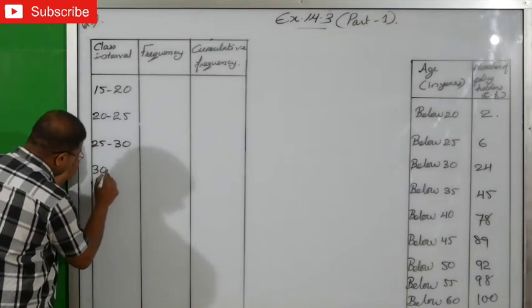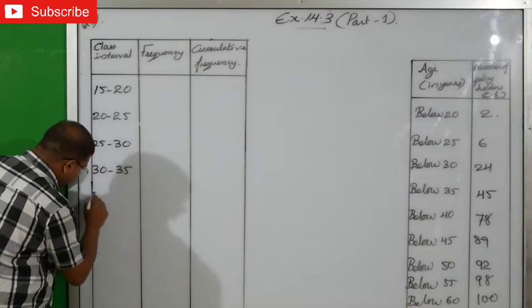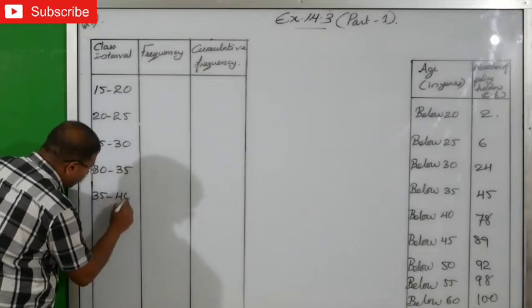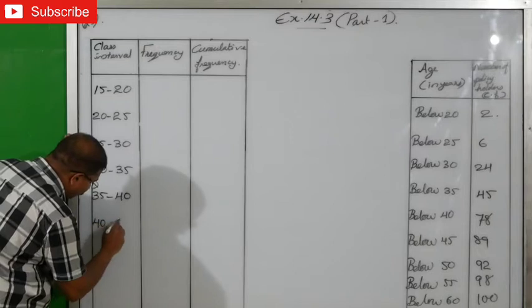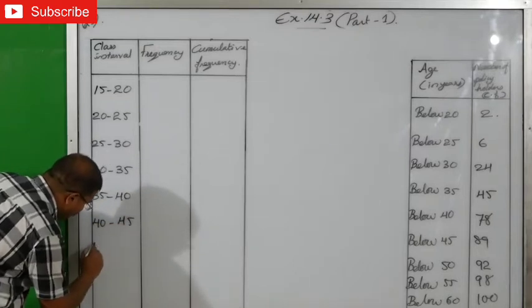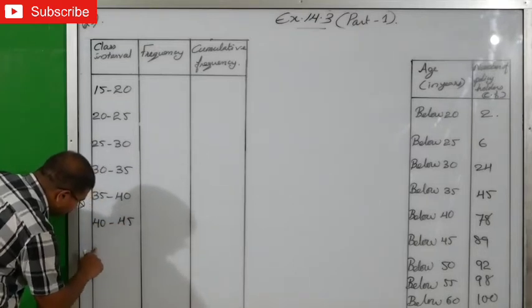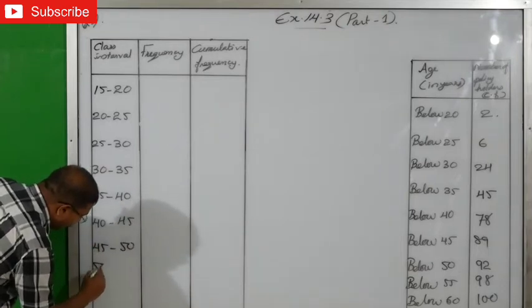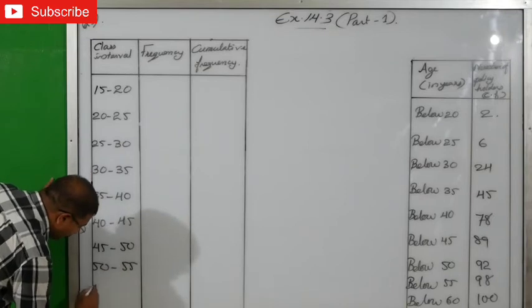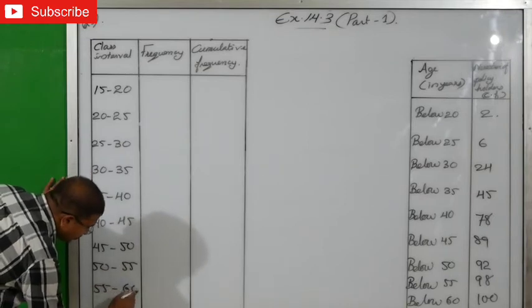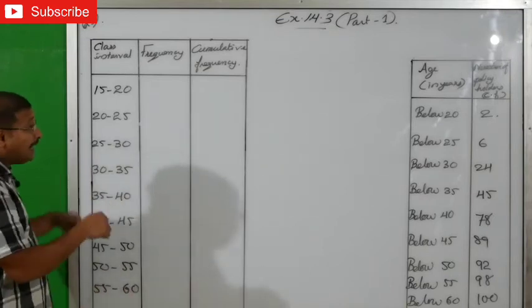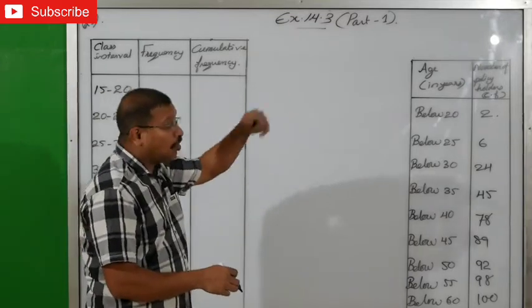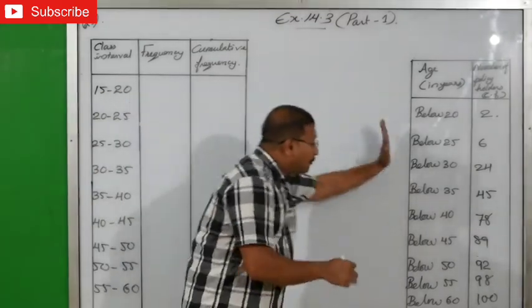Now 30 to 35, 35 to 40, 40 to 45, 45 to 50, 50 to 55, 55 to 60.